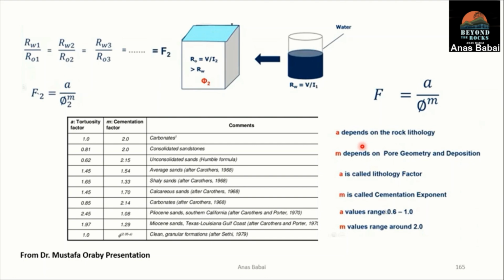For that he found out that every lithology has a different tortuosity, different pore spaces and different connection patterns for those pore spaces. So that is A, which he called the lithology factor, or in some places you can find it called the tortuosity factor.